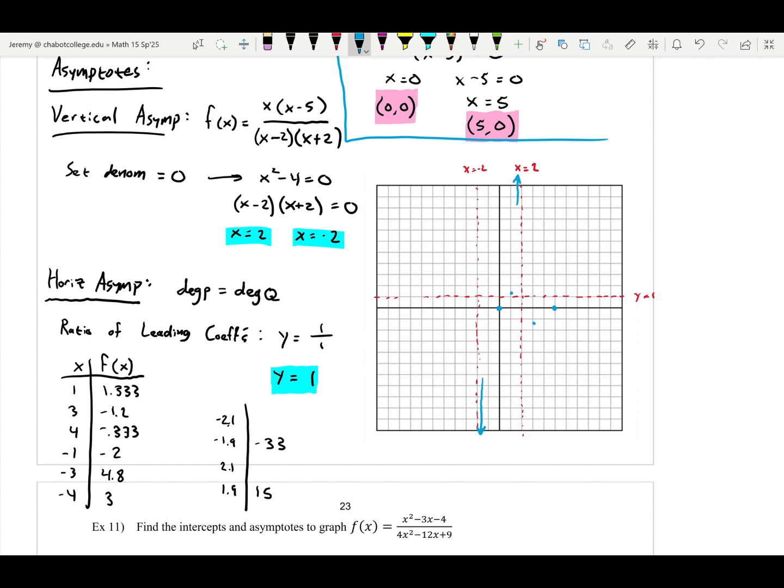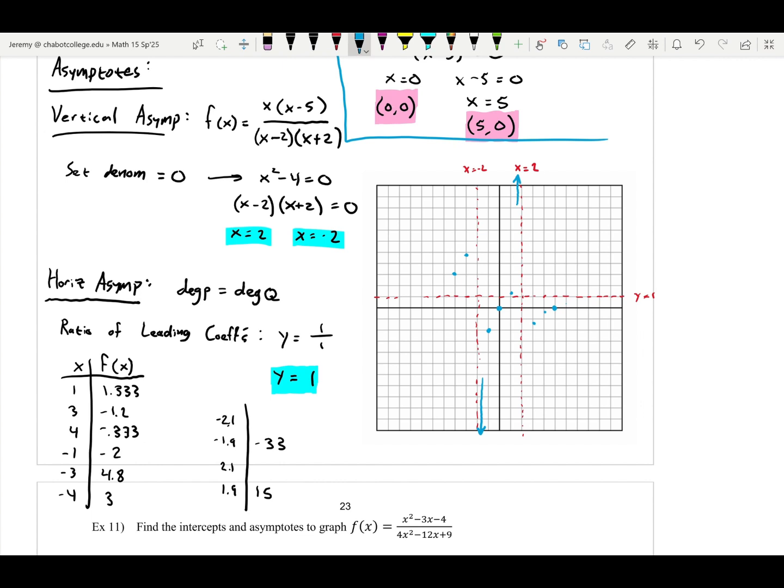You can, at your own pace, plug in some values that you got. Okay, there are those values.